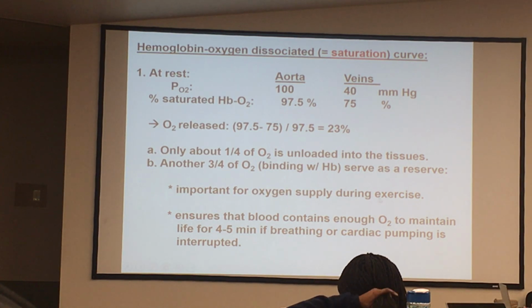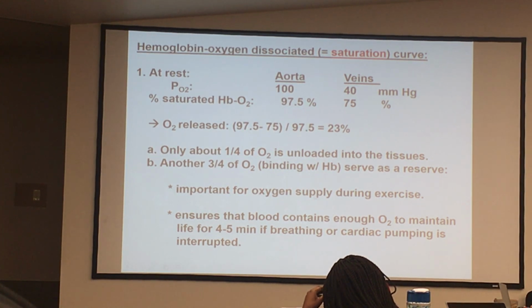Why do we keep it? Why don't we completely send the oxygen out? It is important during exercise. We release more so we can run. The other thing is during an accident, if the lung cannot breathe, or the cardiac pumping stops, the local blood in the tissue can send out the other 75% of oxygen and maintain life for 4 to 5 minutes. That makes sense, right?